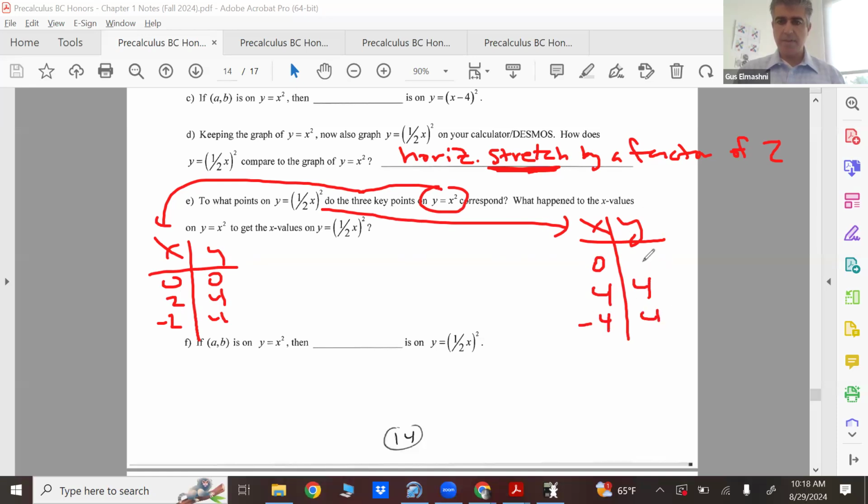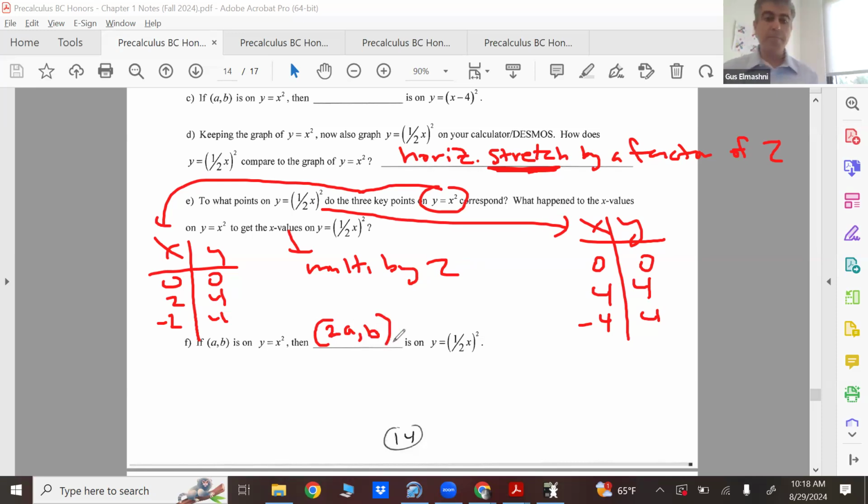Yeah, that looks good. So x values get multiplied by 2, because if I plug 4 in, I should get 4, or negative 4, I should get 4. So in this case, what happens to a? It's 2a comma b. Does that make sense? 2a comma b? Okay, cool. Outstanding. That was easy.